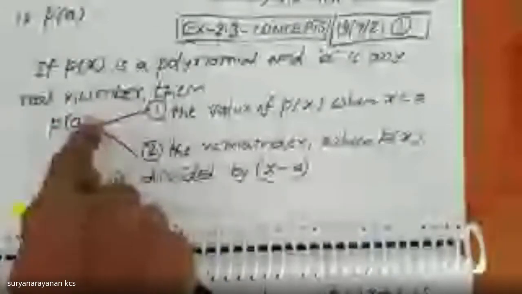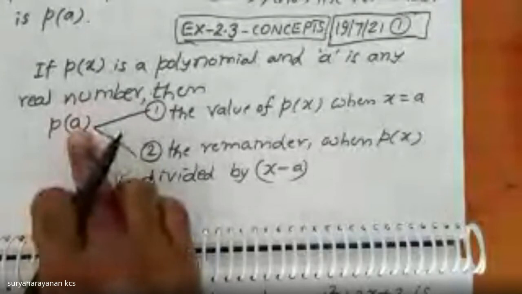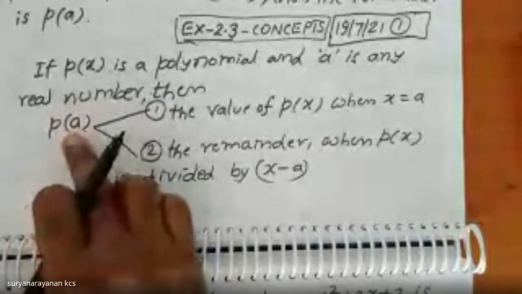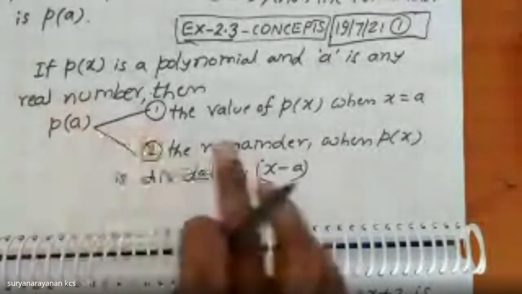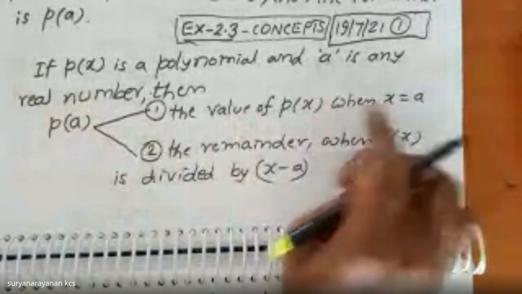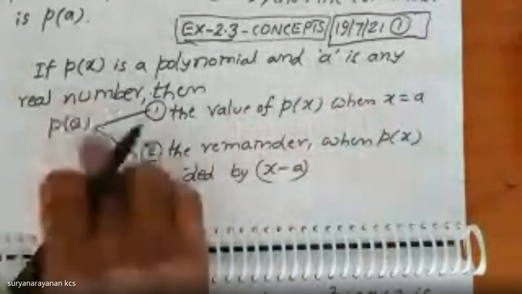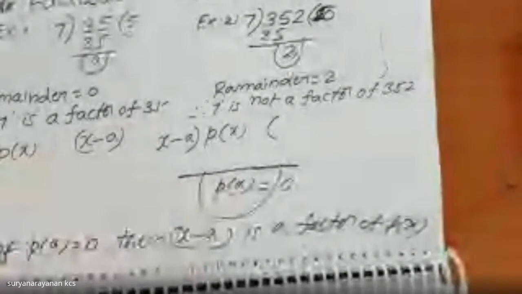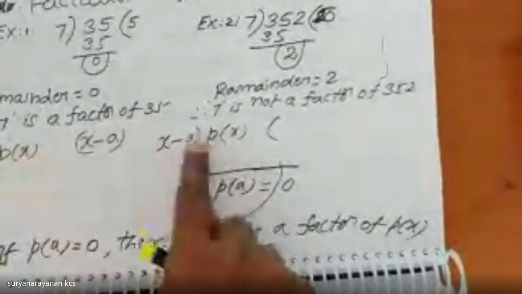Whenever you are getting P of A, P of some constant, A means here some constant, then that notation denotes the value of P of x when x is equal to A. And the second meaning is that it is a remainder. That is why I asked the same question here, my children. If you divide P of x by x minus A, what will be the remainder?